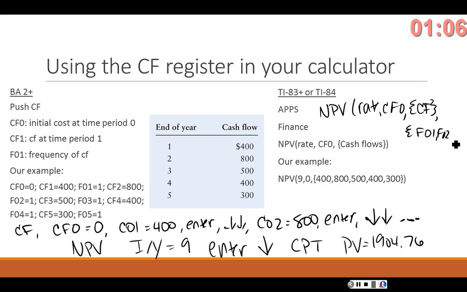So F01, F02, etc. Close braces, close parentheses. So it would be CF1, CF2, CF3, and so on, close braces, then comma and frequencies. But frequencies are not necessary. It just saves you a little bit of typing time.